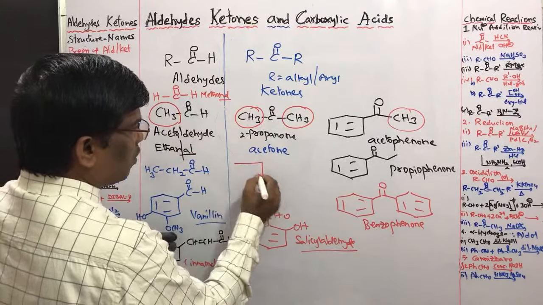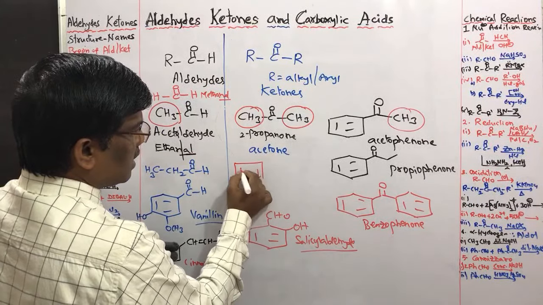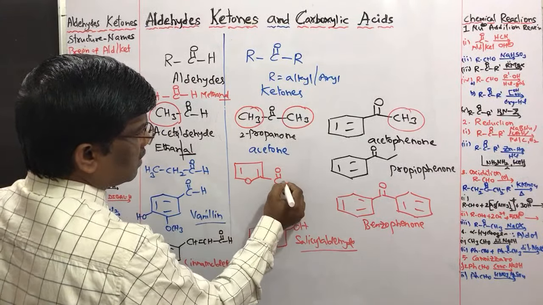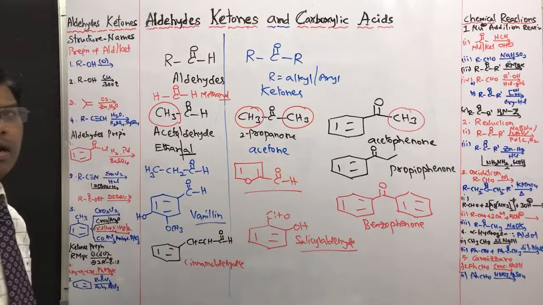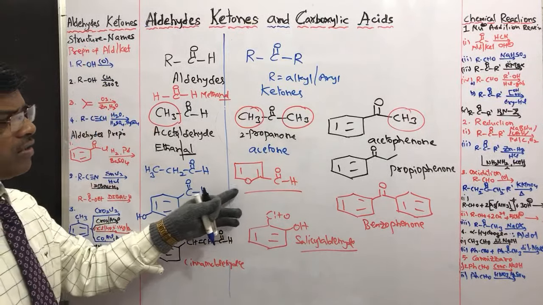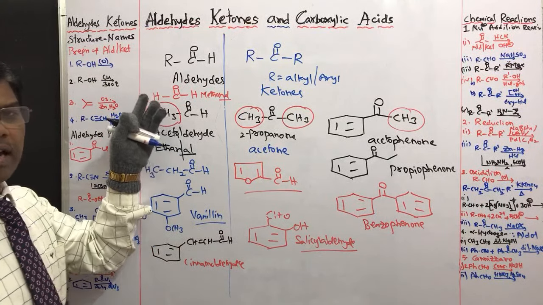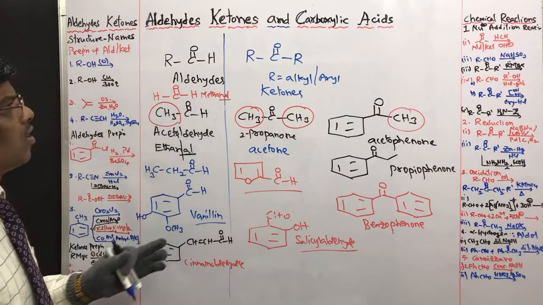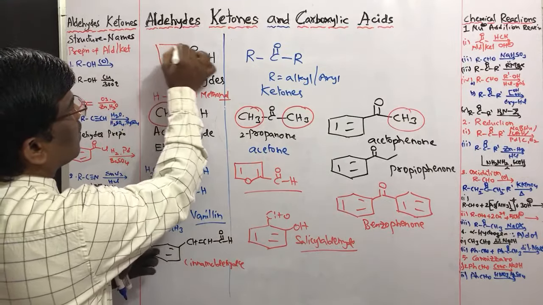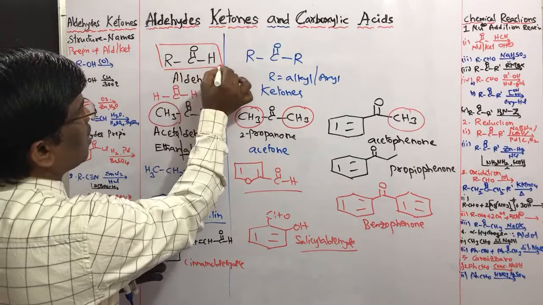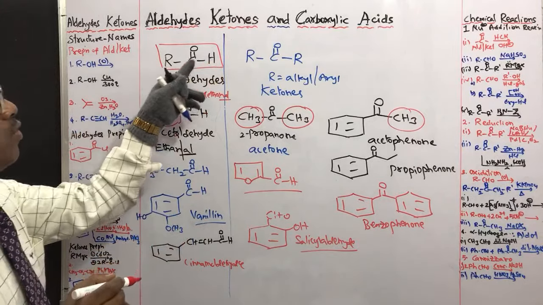For example, this is furaldehyde, or furfural. So it can have heterocyclic aldehydes or alkyl aldehydes or aryl aldehydes. So the common structure which we come across is RCOH.